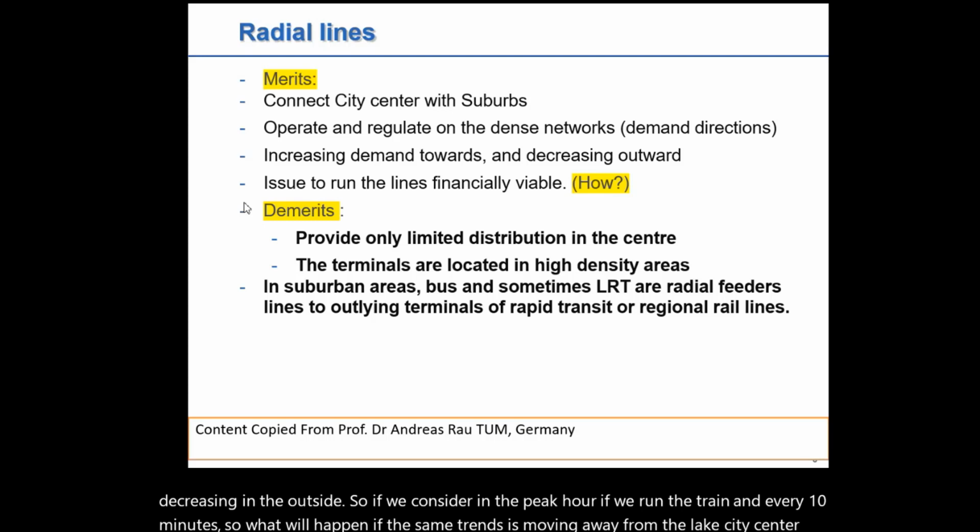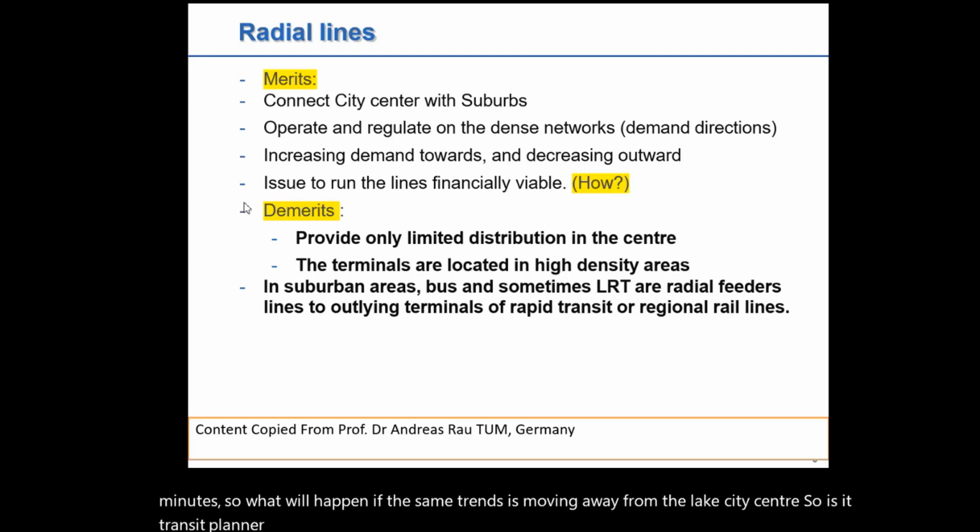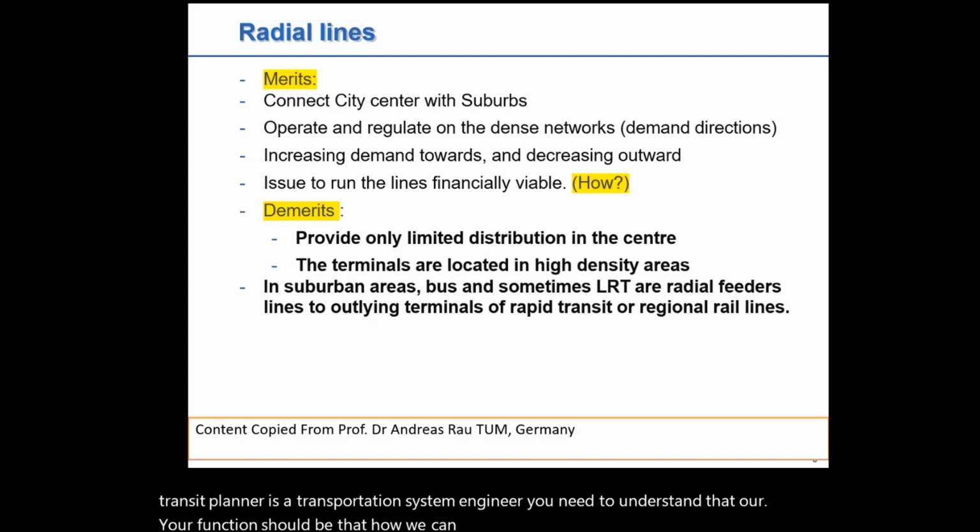As a transit planner, as a transportation system engineer, you need to understand that our core function should be how we can run financially viable transit operations. We also need to reduce the empty run.